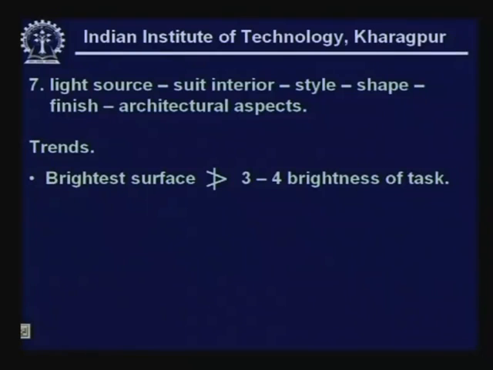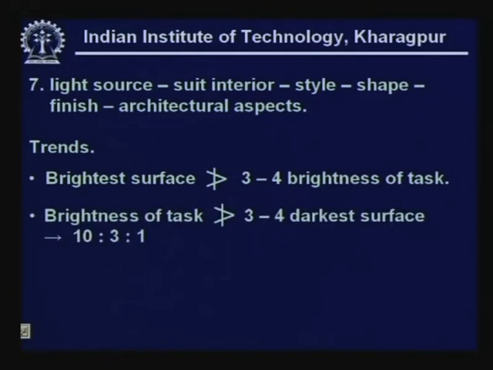So, the brightest surface in the room should not be more than 3 to 4 times brightness of the task in question, and in a similar way the task brightness should not be more than 3 to 4 times darkest surface.